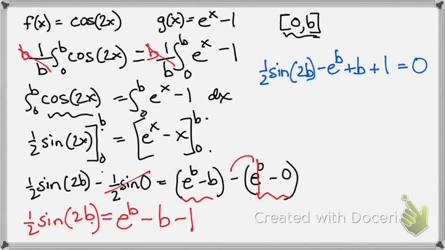I decided to zoom in a little bit, and now I'm trying to get my calculator to give me my x-intercepts. I'm going to hit second calc, which is above trace, choose option 2 for zero, get to the left of that positive x-intercept, then get to the right of it, and hit enter, and enter again, and make sure you round to the nearest thousandth, and I get that b has to equal 0.854.